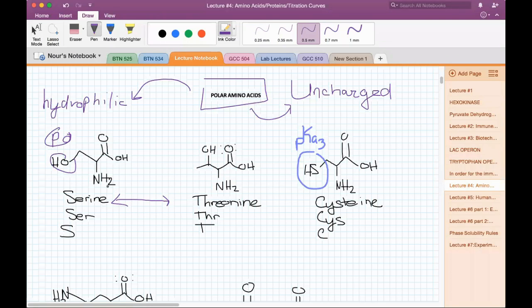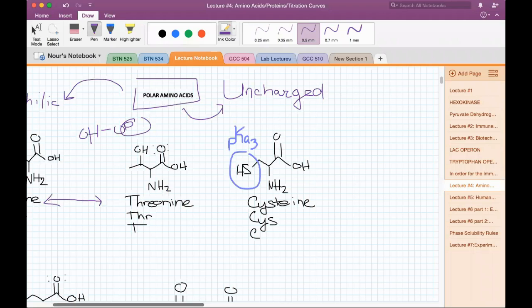So think of tyrosine, serine, and threonine, because they have that high energy OH group which can undergo phosphorylation. They're utilized in cellular signaling, especially with regards to cytokines.